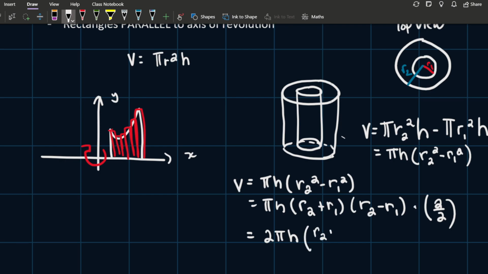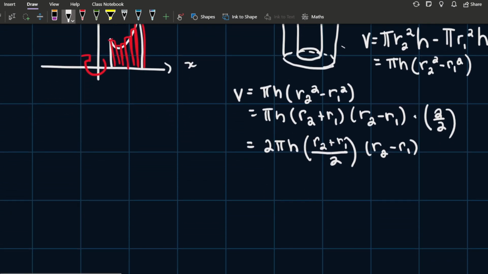So, we have R2 plus R1 over 2. And then, R2 minus R1. So, 2 pi h. This part here, that's actually the average radius. And then, ito naman is yung change in radius. So, pwede natin isipin to as delta R.